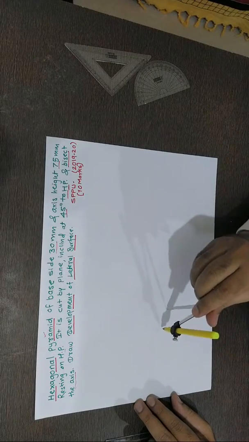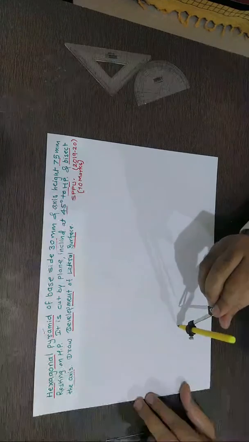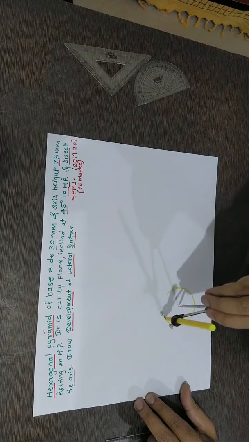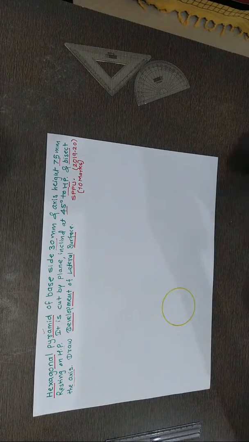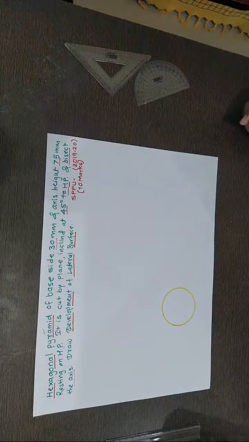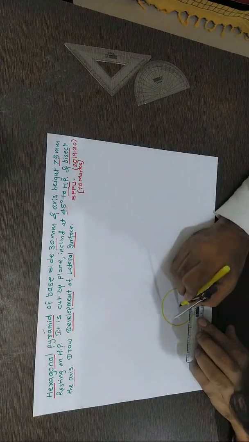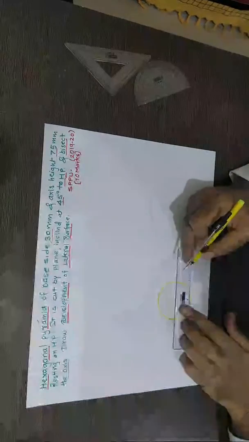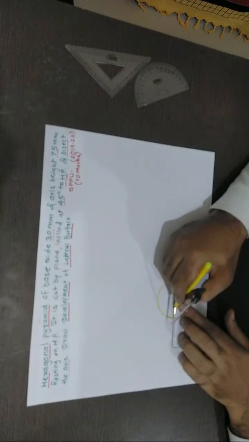So I'm drawing a circle with 30 mm as radius, because the side of hexagonal base is 30 mm. Now once you draw circle with the radius 30, draw a diameter exactly horizontal.